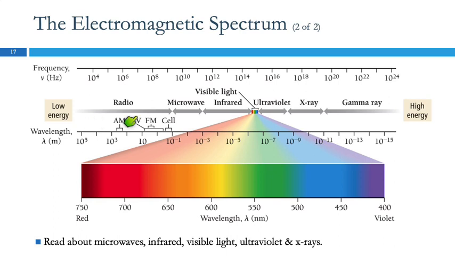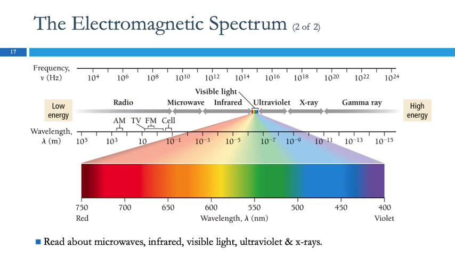And here we have the names of different regions. So this part right in the middle is visible light. Higher energy is at this end with higher frequency. So we've got ultraviolet, X-ray, and gamma rays, and on the other end, lower energy, infrared, microwave, and radio.